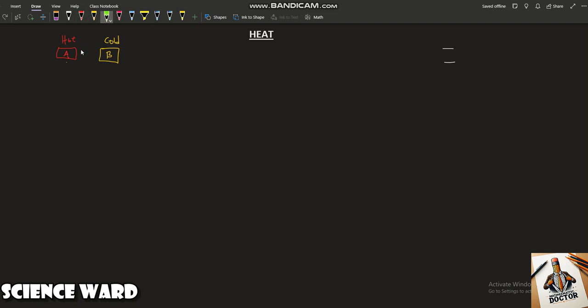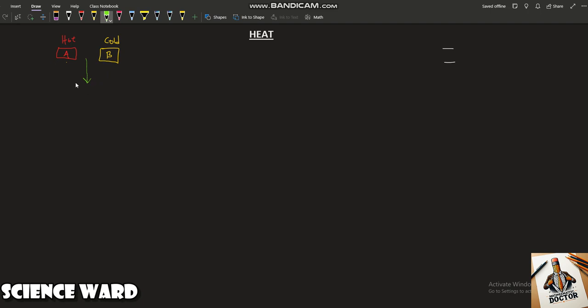That is what we are saying in this sentence. If I bring object A closer to object B, object A will transfer some of its hotness to object B. That is, object B will become hot, but not as hot as object A. There will be an in-between division.